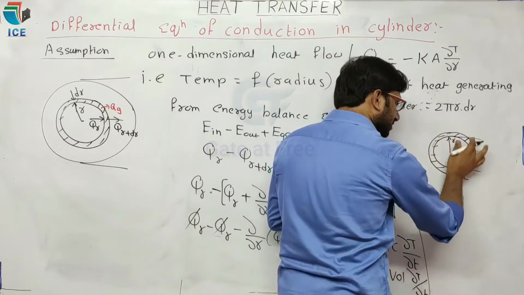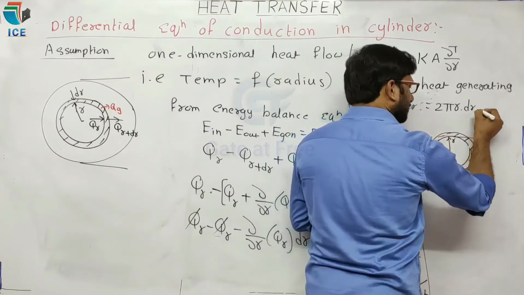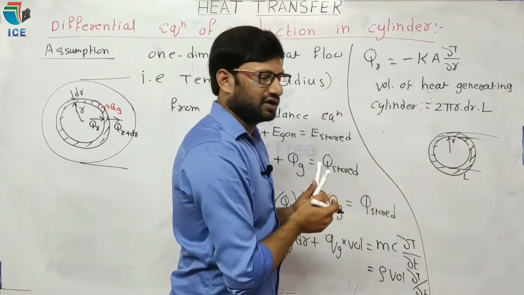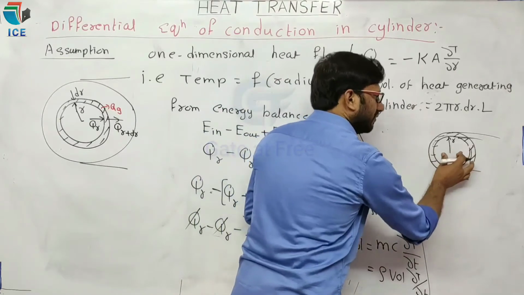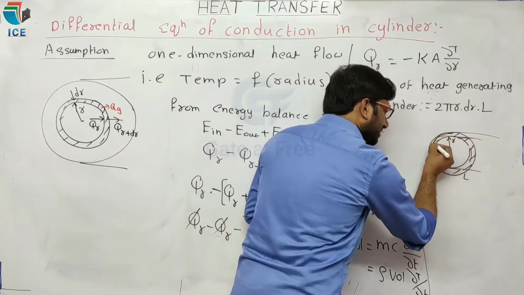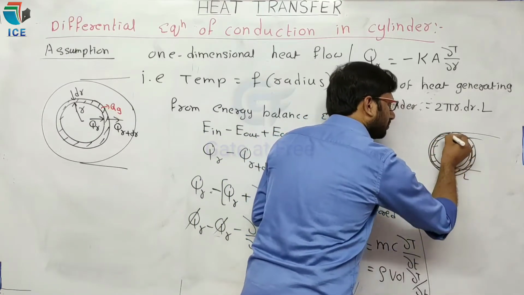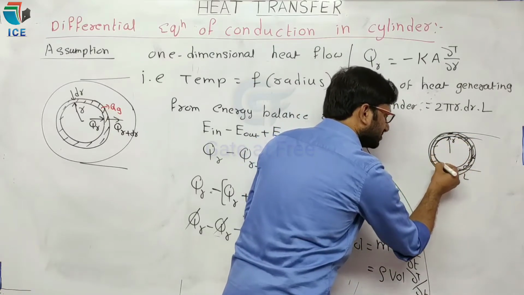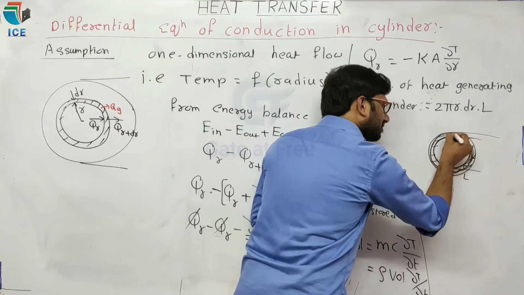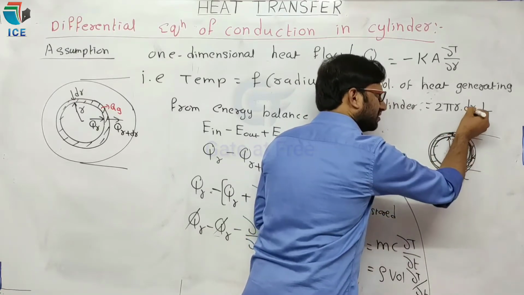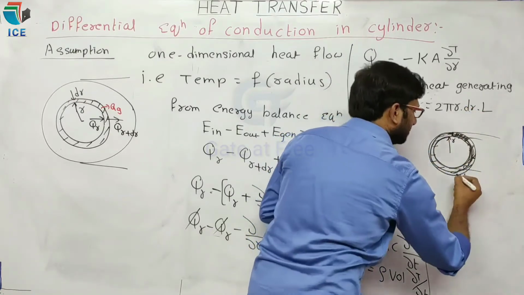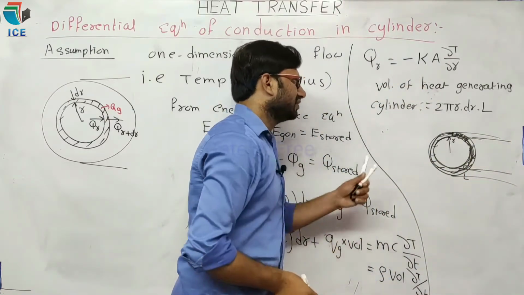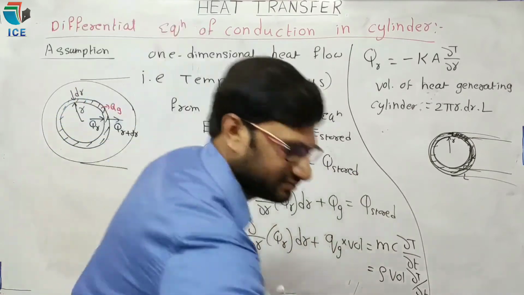This is the area of the ring, into the length of the cylinder, which is the volume. We don't want the inner area, we want only this cylindrical heat generation volume. That is, first take the circumference 2 pi r into the thickness dr into the total length of the cylinder. Hope you understood.